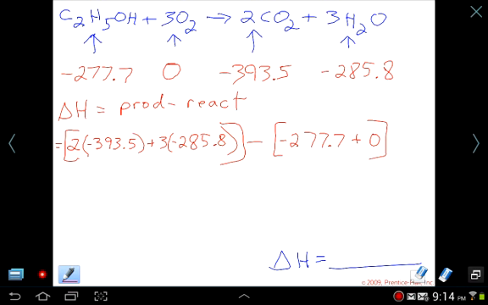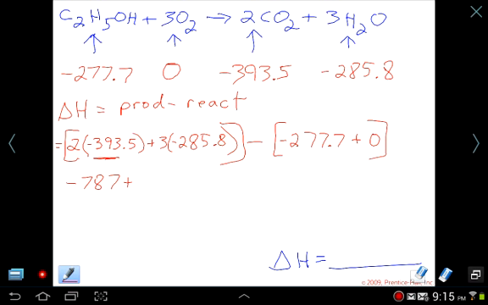Now, it's essentially a matter of adding these up. We'll have to keep track of our numbers and our signs. So I'll do this step by step. Let me calculate this portion right here first. We've got 2 multiplied by negative 393.5. That gives us negative 787. Then we're going to add to that 3 multiplied by negative 285.8.